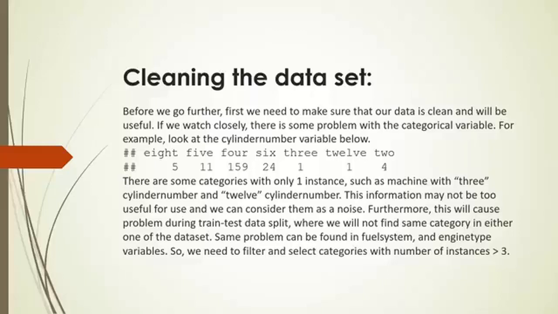This information may not be too useful for us, and we can consider it noise. Furthermore, this will cause problems during the train test data split, where we will not find the same category in either one of the datasets. The same problem can be found in the fuel system and engine type variables, so we need to filter and select categories with number of instances greater than 3. Let's take this as a threshold.